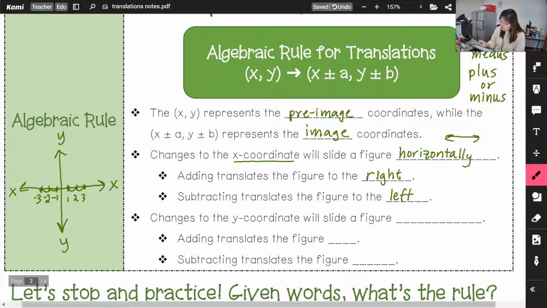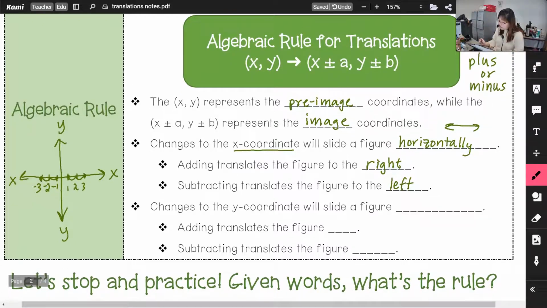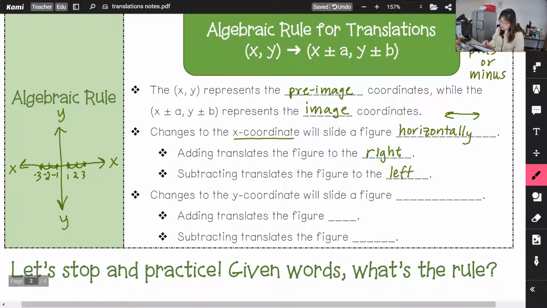Well, so that's the x-axis. What about the y-axis? Kind of the same but slightly different. Changes to the y-coordinate will slide a figure vertically. That's up and down, just like our y-axis goes up and down. No tricks here. So same thing. If you notice this, it goes 1, 2, 3. Goes up when you go up. It's obvious.